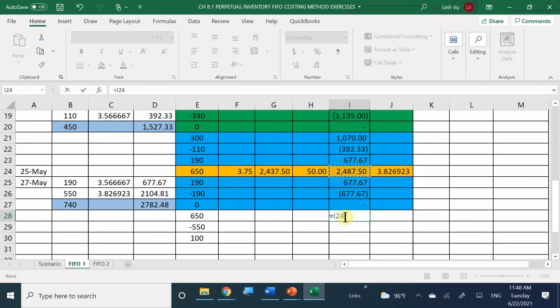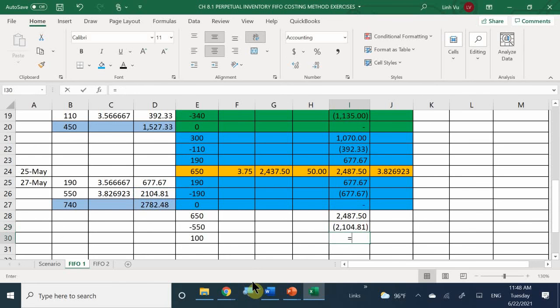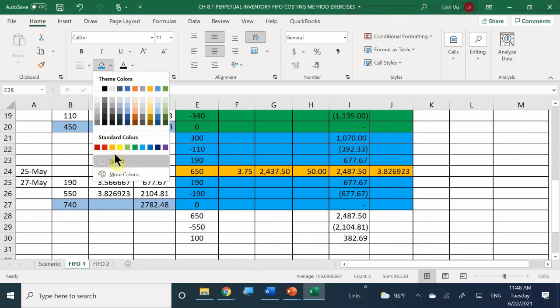If I have a total of $2,487.50 and I actually got rid of $2,104.81, what should be my total cost remaining? I got $382.69. Excellent. And once again, this was dealing with my orange batch of inventory.